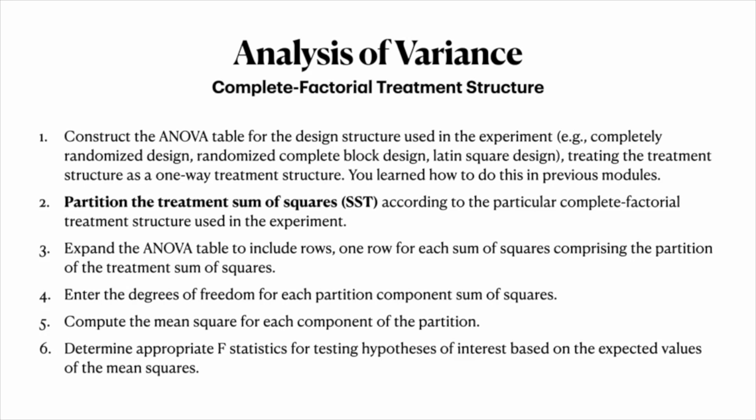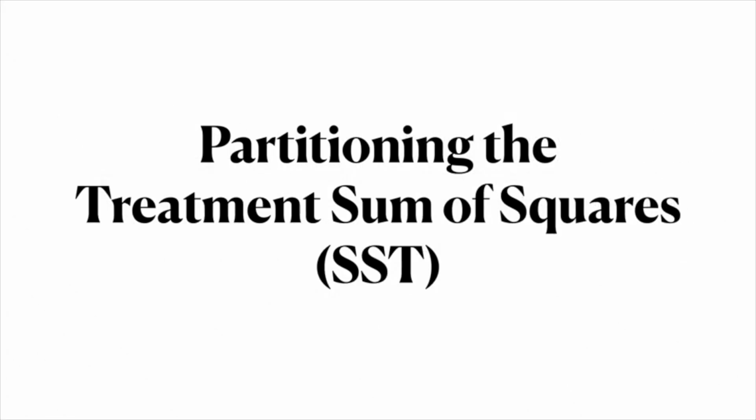But this general approach will work regardless of the number of factors. So let's look at how to partition the treatment sum of squares, the SST value that is computed as part of step one. And like I said, we're going to do this specifically for a two-factor complete factorial treatment structure.